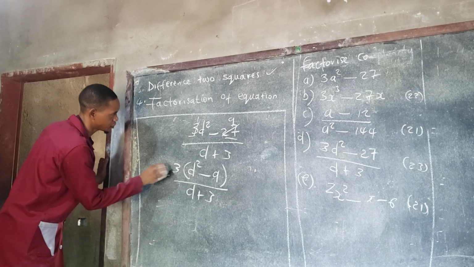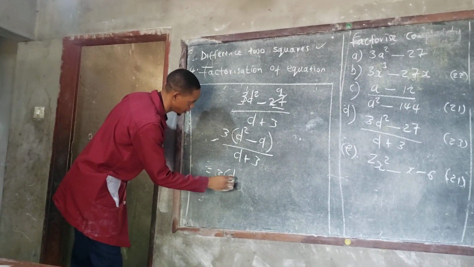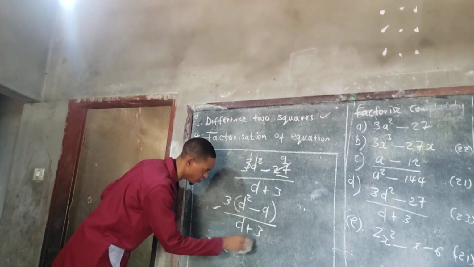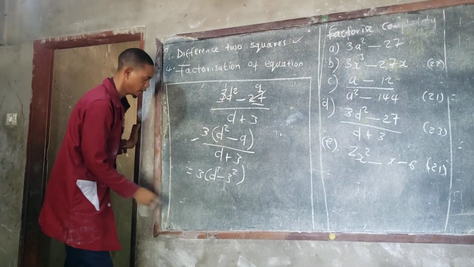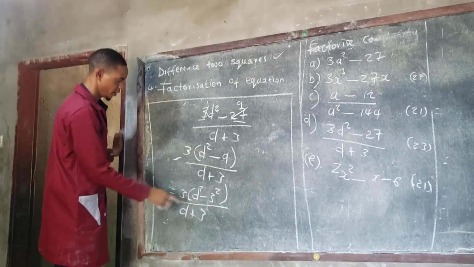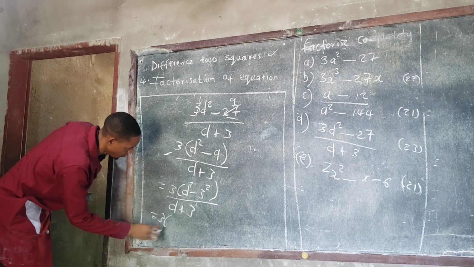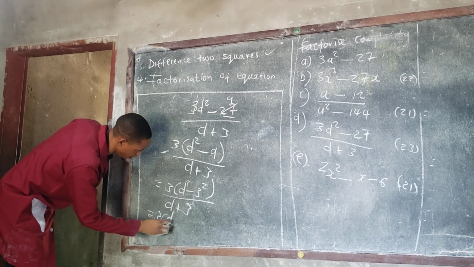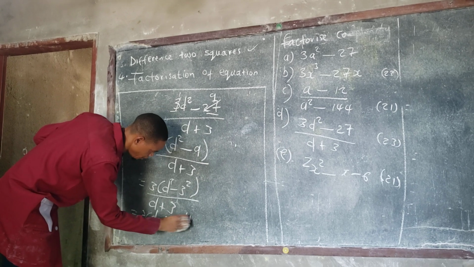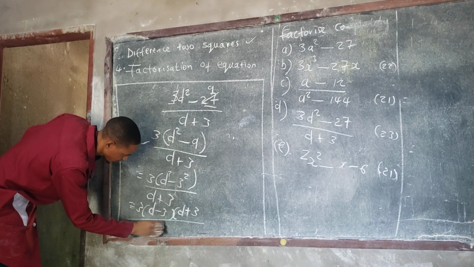So here I'll say 3 open bracket d squared minus the perfect square of 9, which is 3 squared. Then I'll put my d plus 3. So in this case, I'll say 3 open bracket d minus 3. The difference of d minus 3 is d plus 3, over d plus 3.